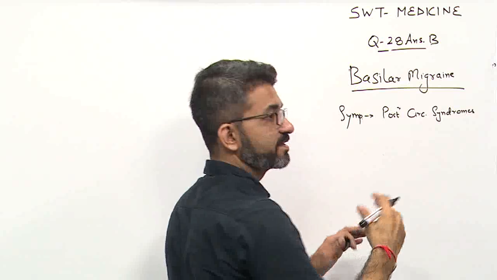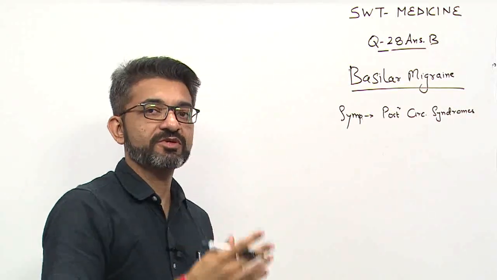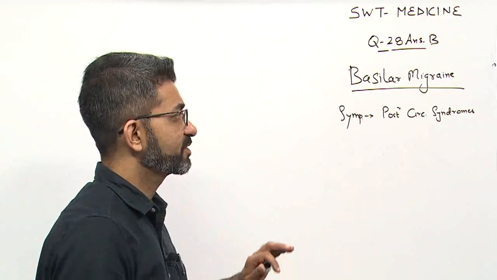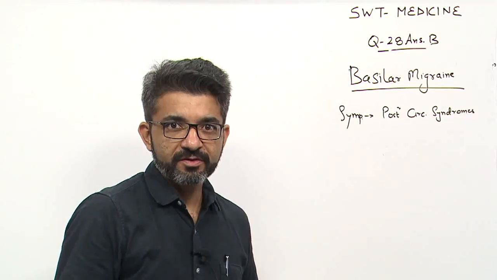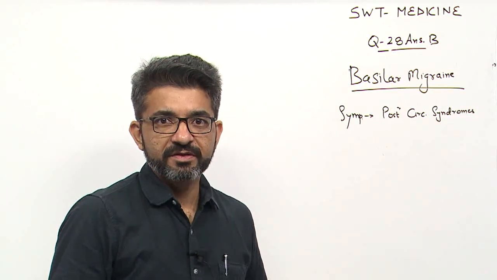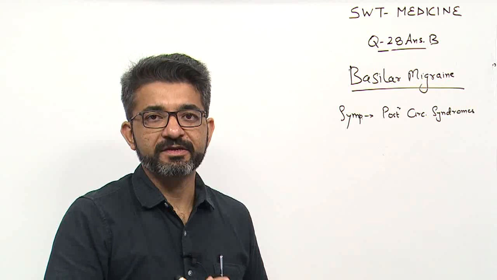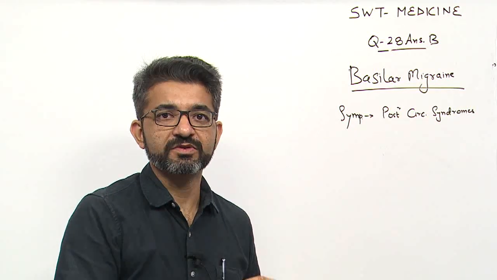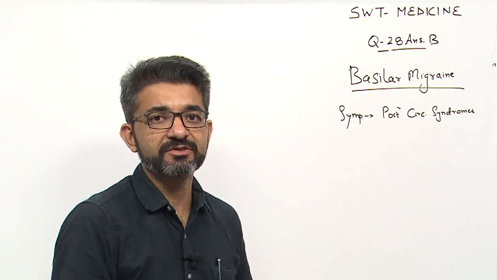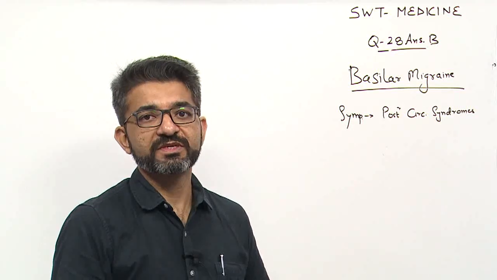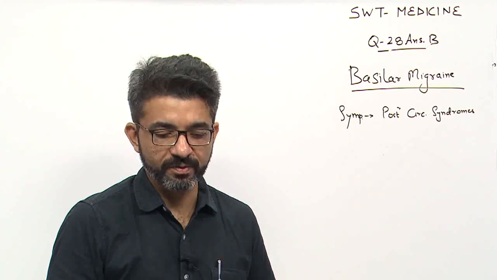So, it could be myriad symptoms, it could be medial medullary syndrome, it could be lateral medullary syndrome, it could be what not, right, but they are waxing and waning, they come, they go, and they do not fit into a classical definition of TIA, RIND or stroke.